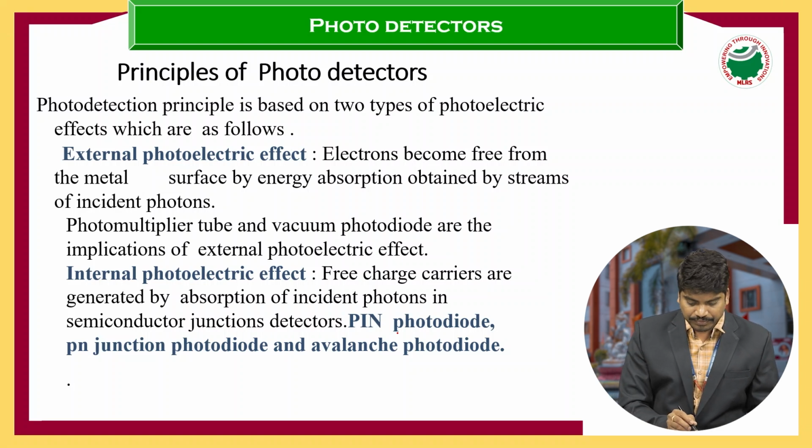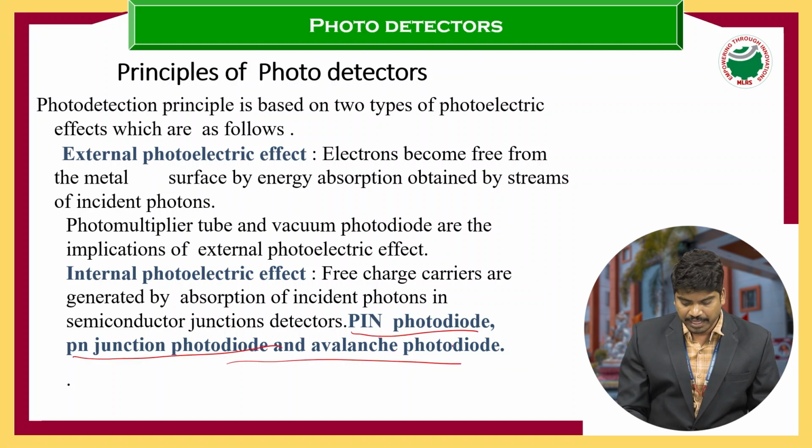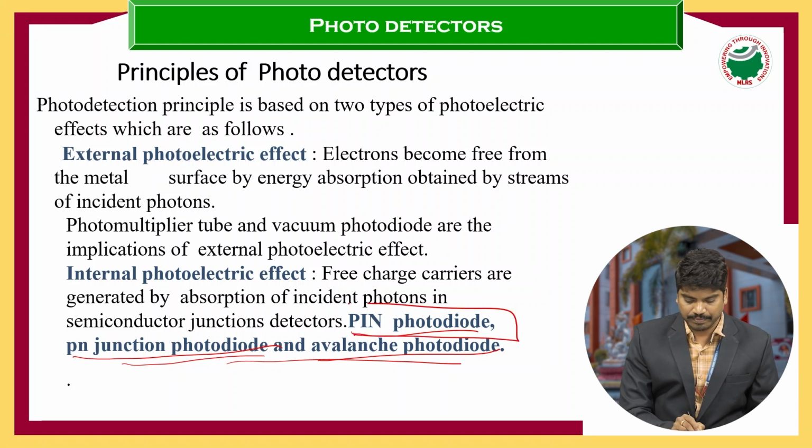The internal photoelectric effect we mainly observe in the pin photodiode, PN junction photodiode and avalanche photodiode. Among the various types of photodiodes, today we are going to learn about the pin photodiode.